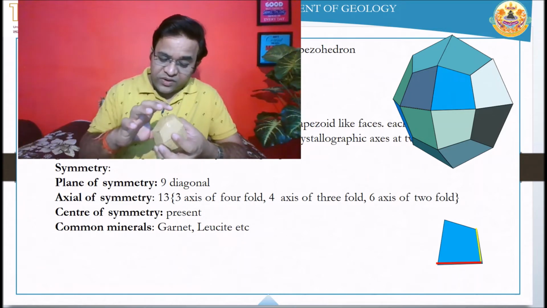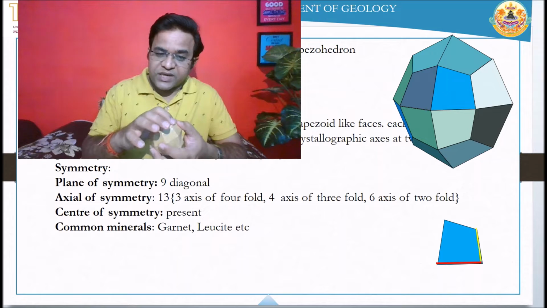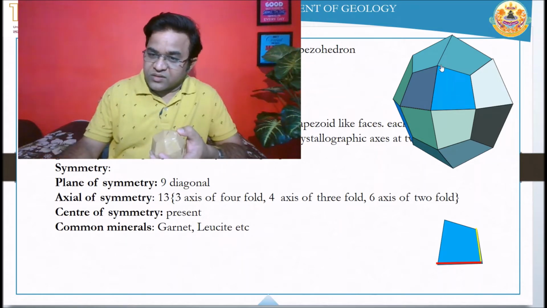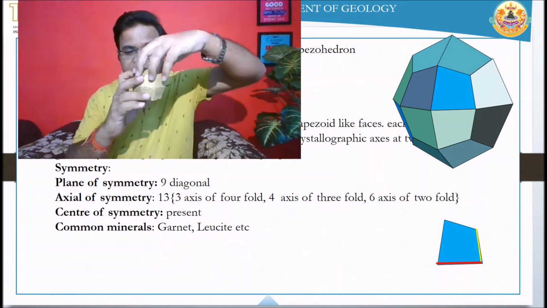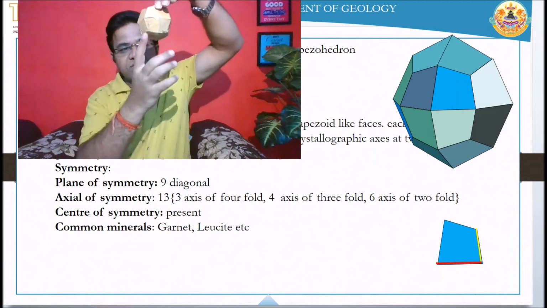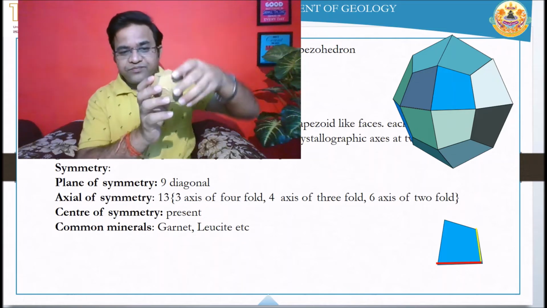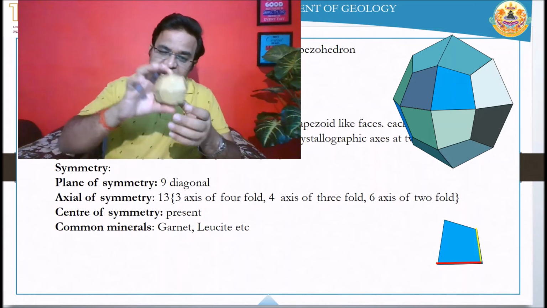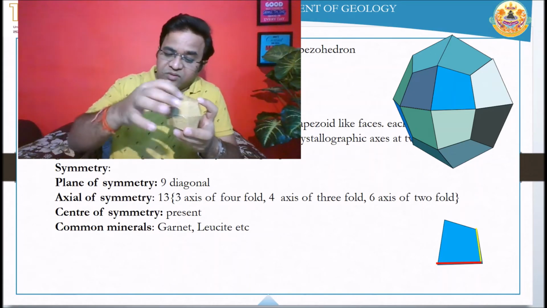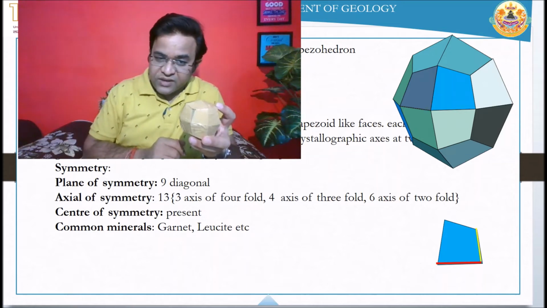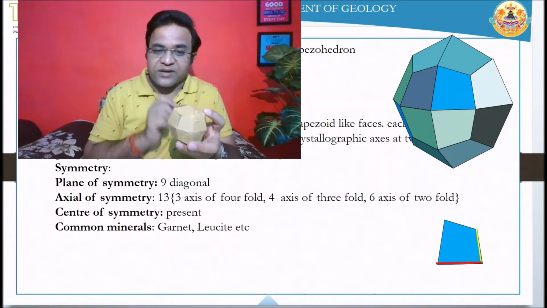Now hold from this point where two longer sides and two shorter sides are meeting, a point like this. So you will get how many? 1, 2, 3, and 4. Corresponding to this, I am holding from here. You can count the same below, and the same 1 and 2 and 1 and 2. It means there are 12 such points where four sides are meeting, of which two are longer in length and two are shorter in length.